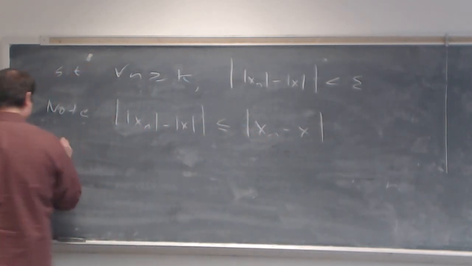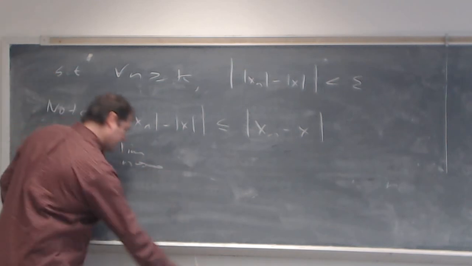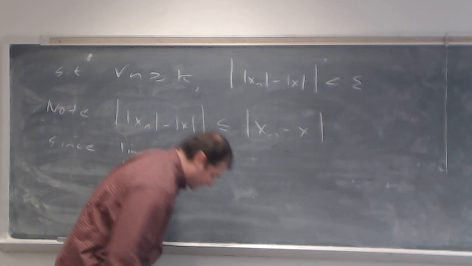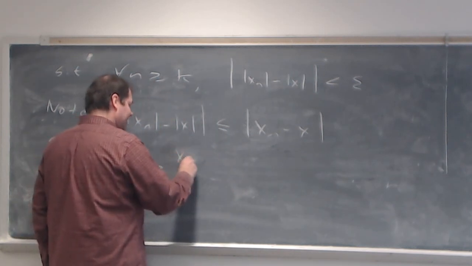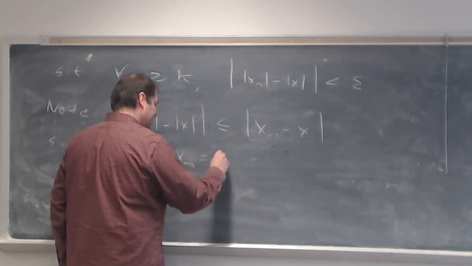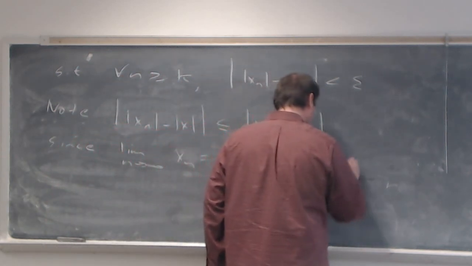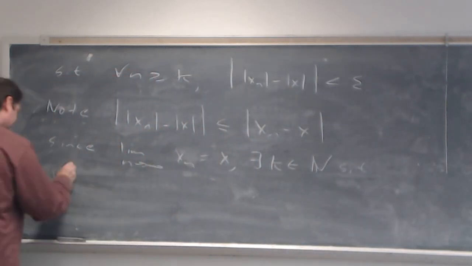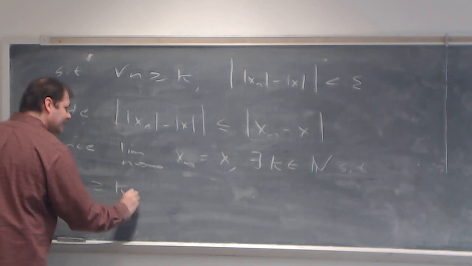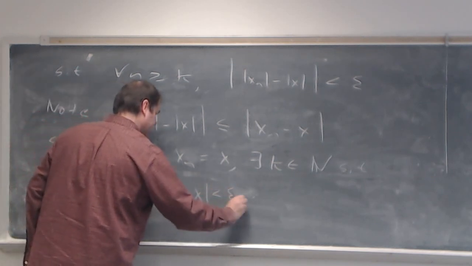So since the limit as n goes to infinity of x sub n equals x, there exists a k an element of the natural numbers such that for all n greater than or equal to k, the absolute value of x sub n minus x is less than epsilon.